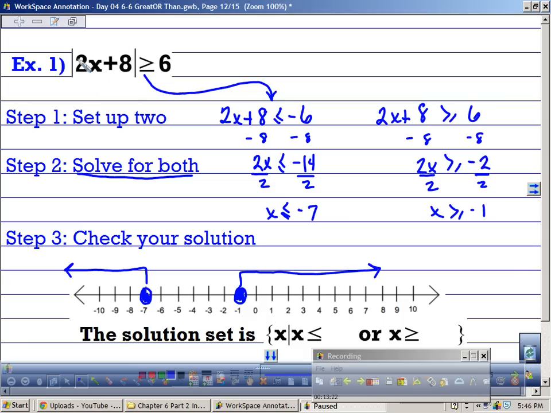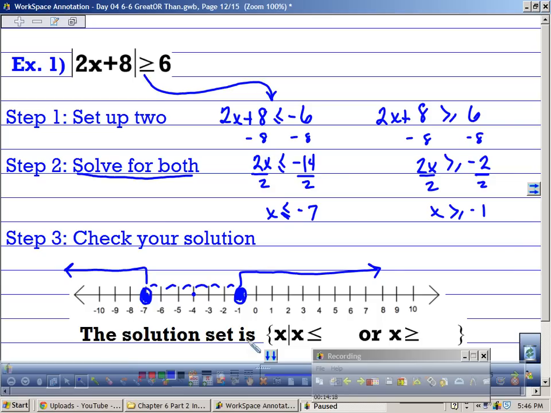So the distance between x and negative 4 would be greater than or equal to 3. Well, let's see, 1, 2, 3. Is the distance greater than that going in the positive direction? Yes. And the distance in the negative direction? 1, 2, 3. Is it greater than or equal to in the negative direction? Yes. So this definitely works.